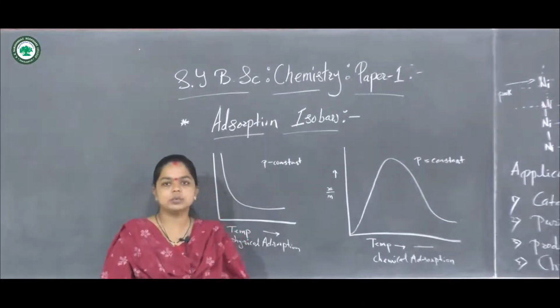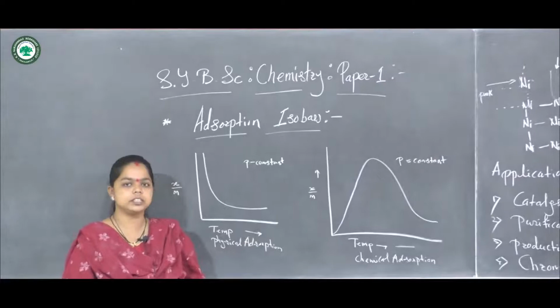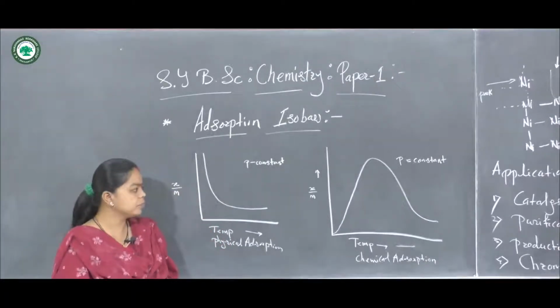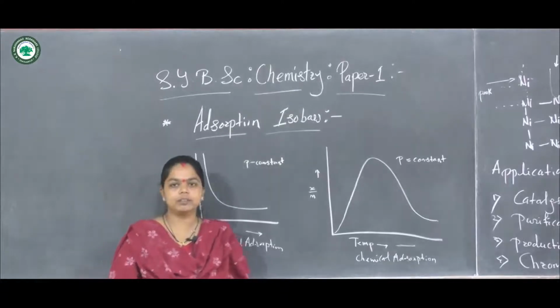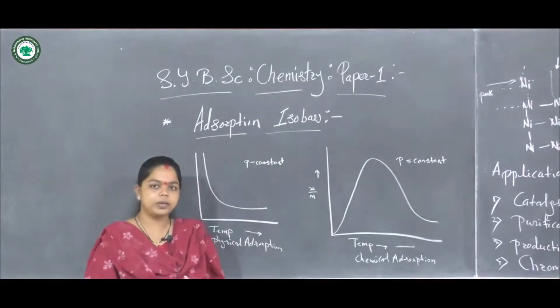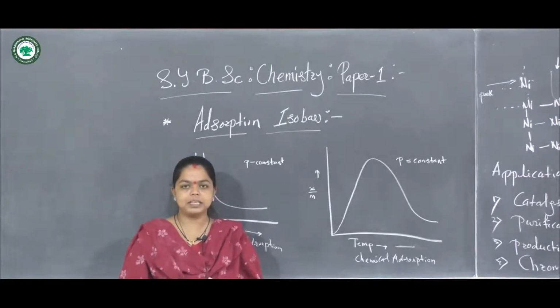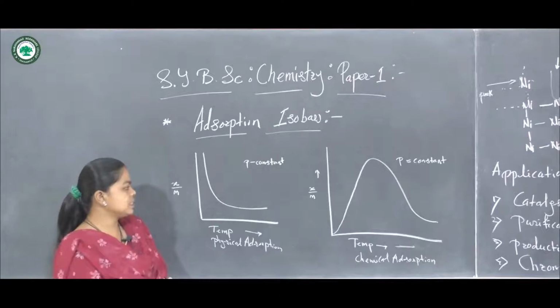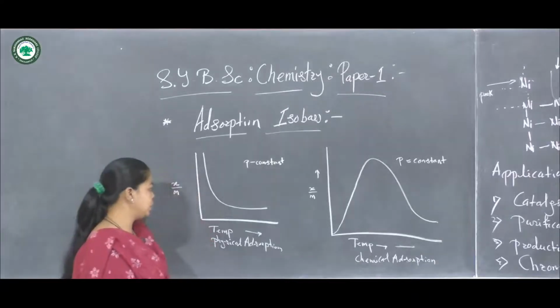These adsorption isobars are studied graphically. According to the Freundlich adsorption isotherm, x upon m is equal to k into p raised to 1 upon n. This equation can be put into a graph.